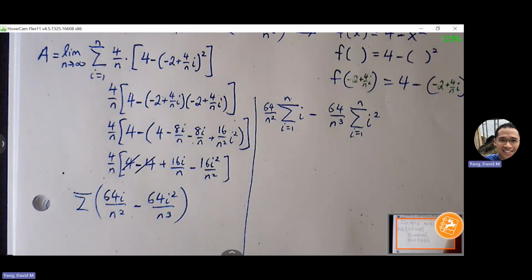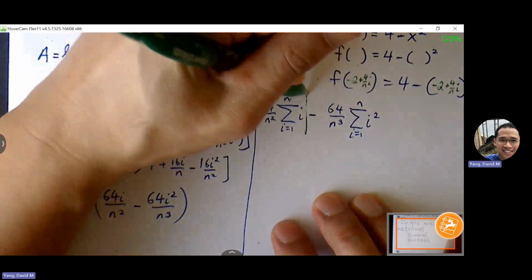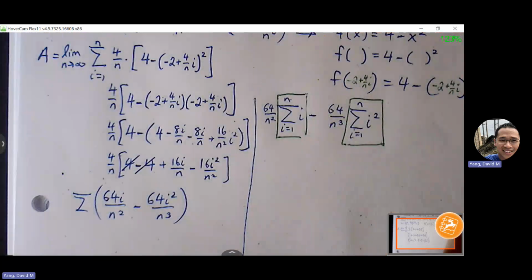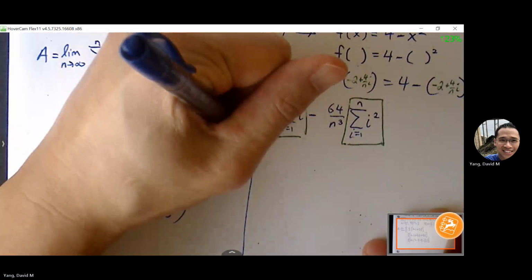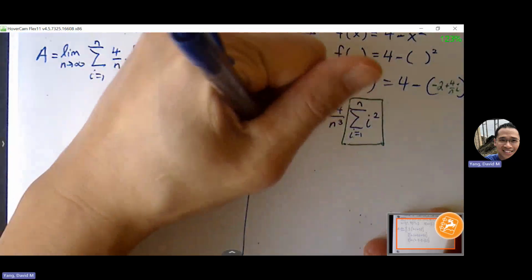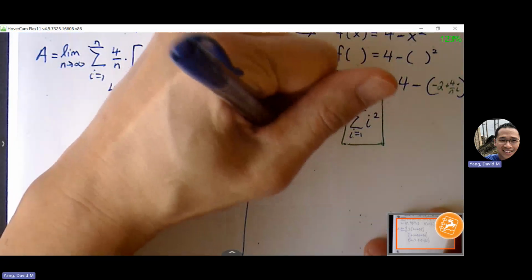Okay, we have specific rules in place for these, right? We talked about on the first day, we can box these off and replace them with the rules that we were introduced to on the first day. We know summation i is just n times n plus 1 over 2.